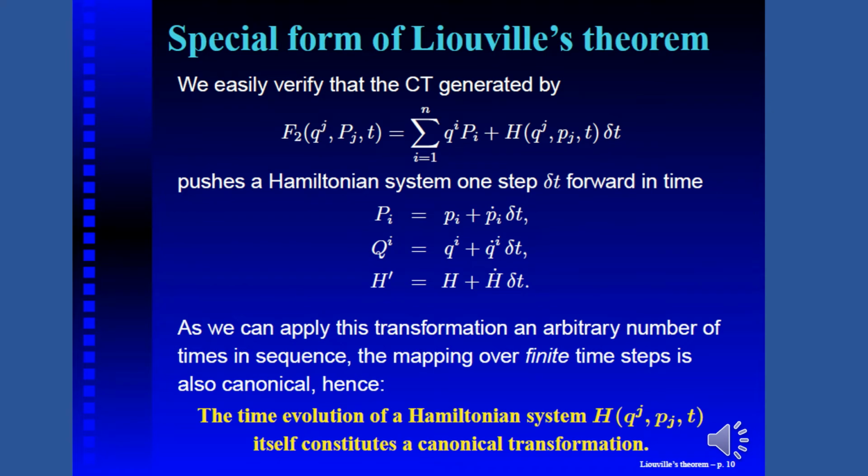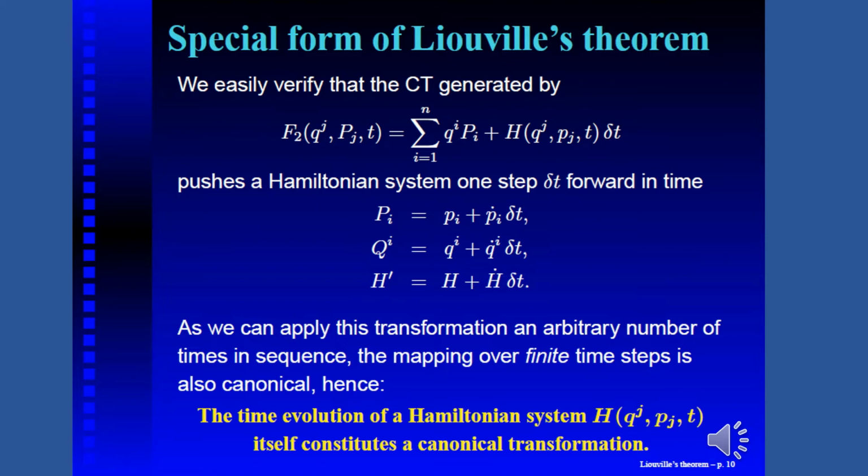Now to solve the special form of Liouville's theorem, we easily verify that the canonical transformation generated by F2 of (qj, Pj, t) is equal to the summation i equal to 1 to n of qi Pi plus capital H of (qj, pj, t) delta t pushes a Hamiltonian system one step delta t forward in time, that is capital Pi is equal to small pi plus pi dot delta t, capital Qi is equal to small qi plus qi dot into delta t, and capital H prime is equal to capital H plus H dot delta t.